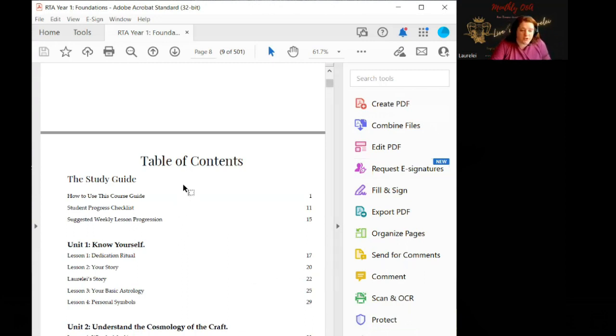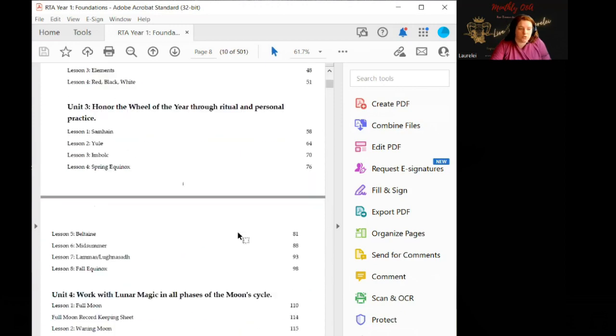So I want to draw your attention to this part right here. Before you actually get into the lessons, there is a 9-page chapter just on how to use the course guide, and it's followed by a couple of tables, the student progress checklist and the suggested weekly lesson progression. So I'm going to go ahead and scroll to where those are.